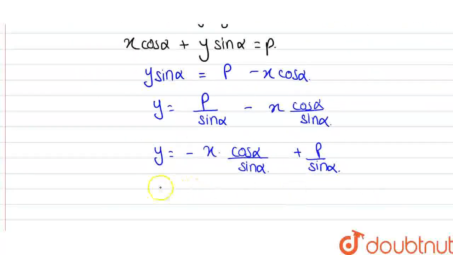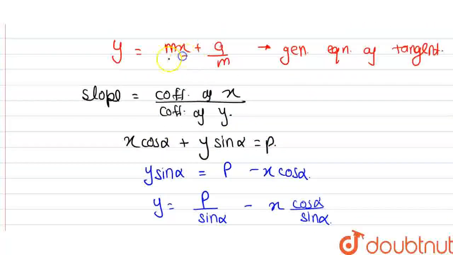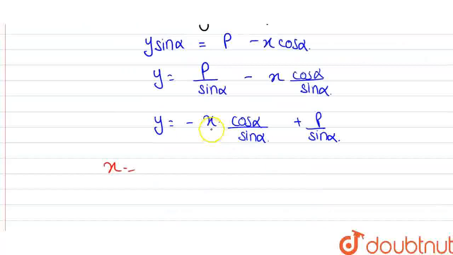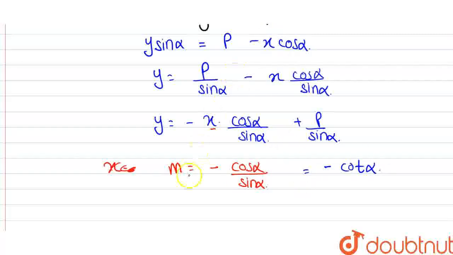So by comparing, the coefficient of x is equal to m. Here the coefficient of x, that is the m value, is minus cos alpha divided by sin alpha, and that is equal to minus cot alpha. So our value of m is equal to minus cot alpha.